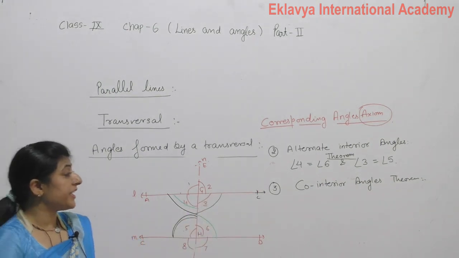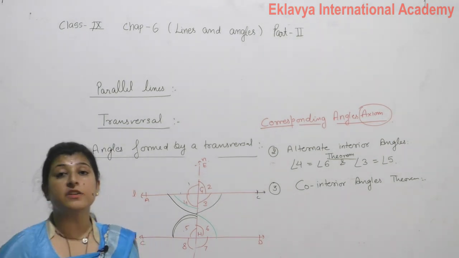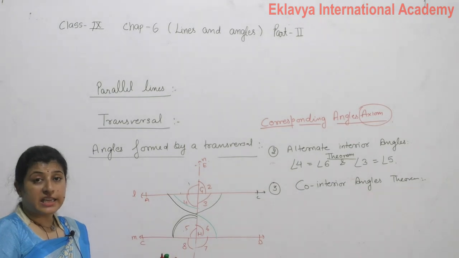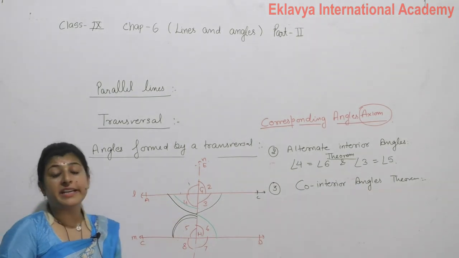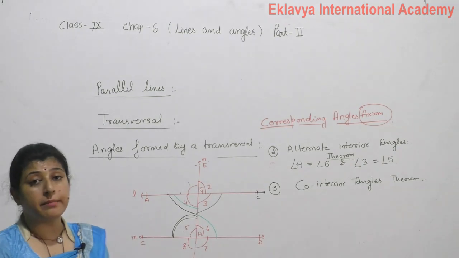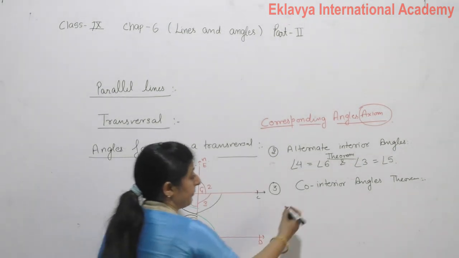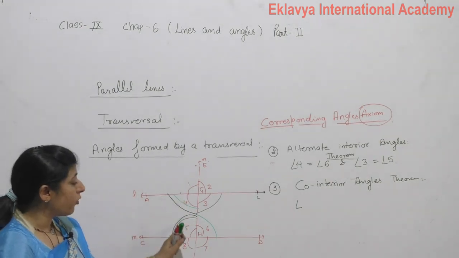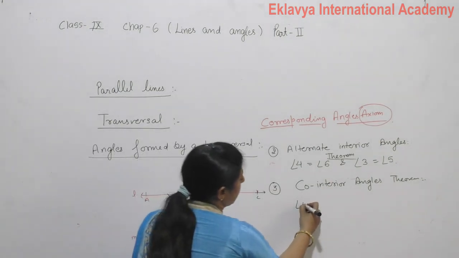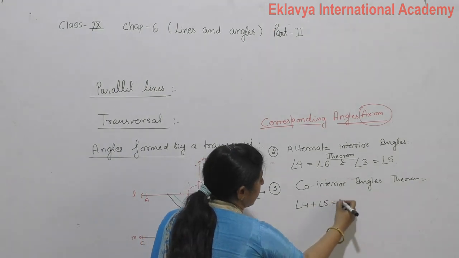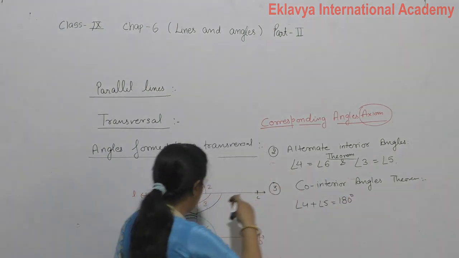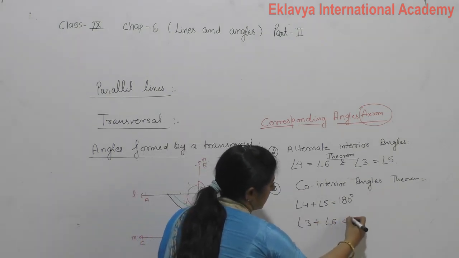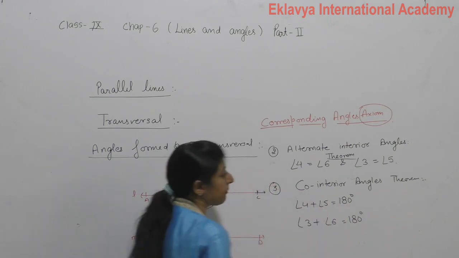So what is the co-interior angle theorem? When a transversal intersects two parallel lines, then the sum of co-interior angles is supplementary. What is the meaning of it? The sum of co-interior angles is supplementary, means 4 plus 5, supplementary means the sum is 180 degrees, and 3 plus 6 is equal to 180.